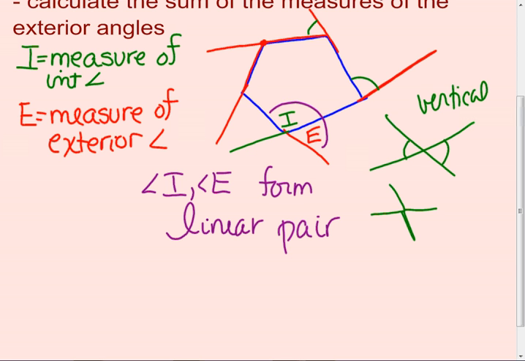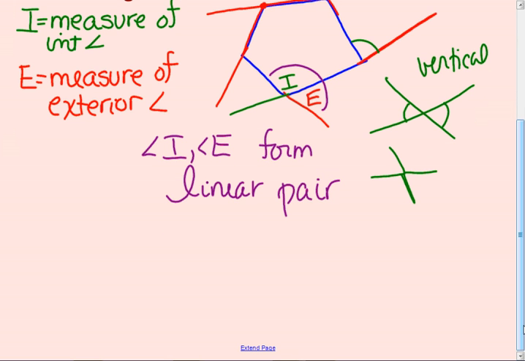If I have a linear pair, what's true if I add up their measures? It equals 180. So we're starting with something we know and drawing a conclusion. Okay, so that's one of my formulas up on the board: the measure of the interior plus the exterior is 180.